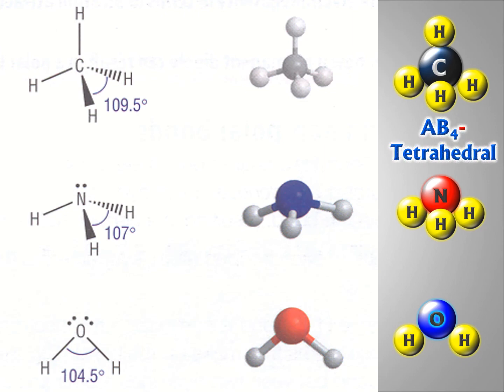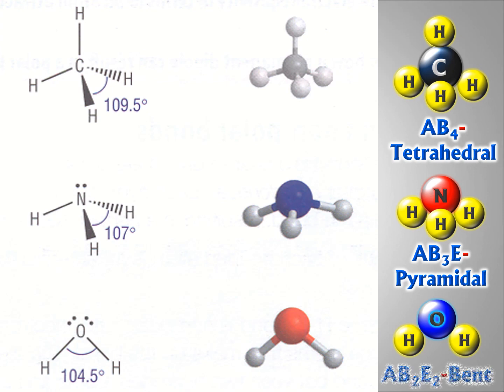The next one down is an AB3E because it does have a pair of valence electrons. That's what the E stands for. Pyramidal. We sometimes call it trigonal pyramidal, but I guess pyramids are triangular no matter what, so let's just call it pyramidal, okay? And the bottom one, as we already said, is the water molecule. That's the AB2E2 bent.